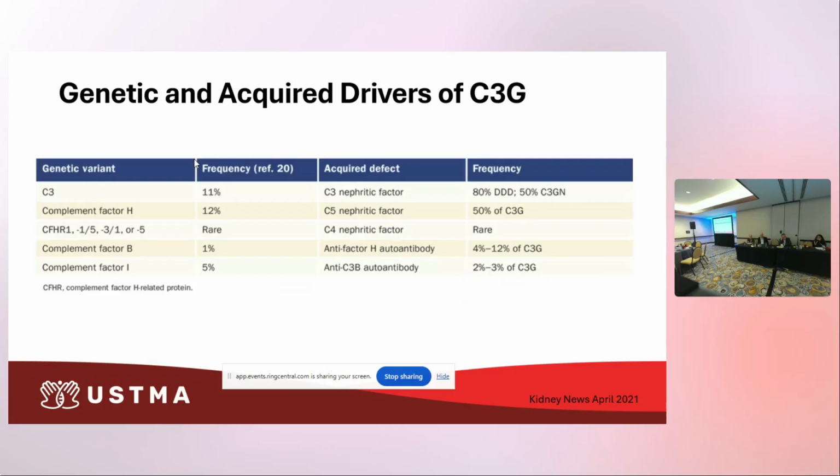Then there are anti-factor H autoantibody, anti-C3b autoantibody. And then there are genetic mutations, but the genetic mutations are less frequent than the acquired defects. Genetic variants could be defects in C3, complement factor H, CFHR1, complement factor B, and complement factor I, among, of course, many others.